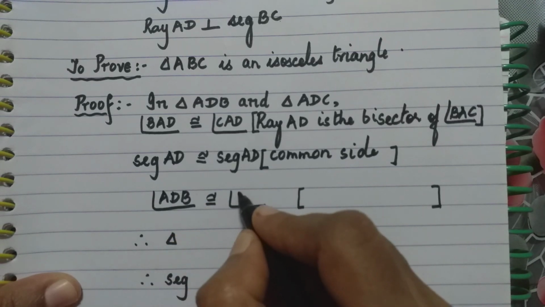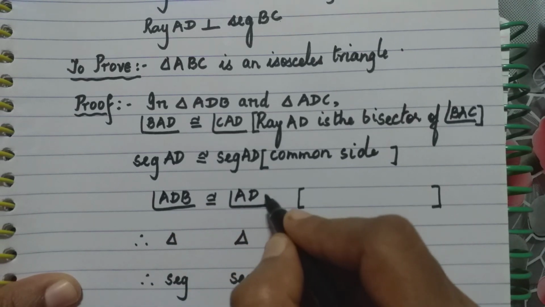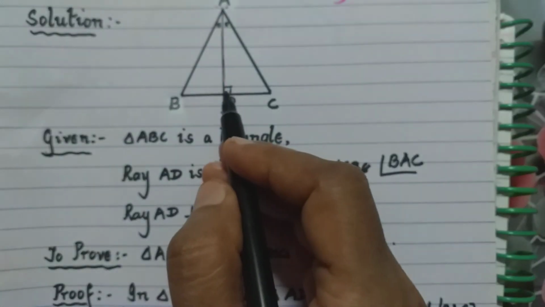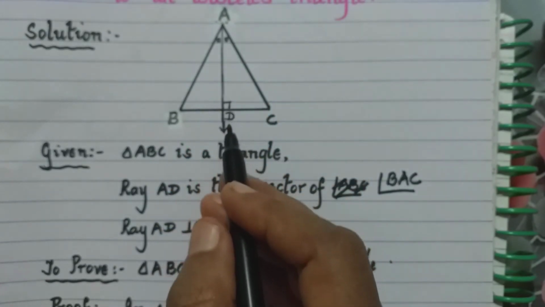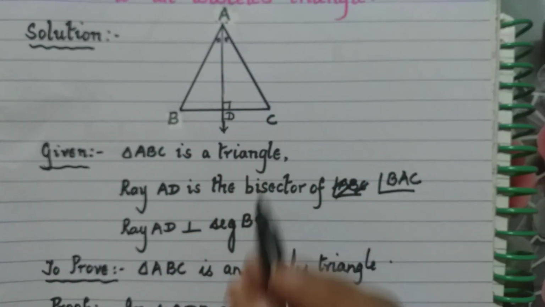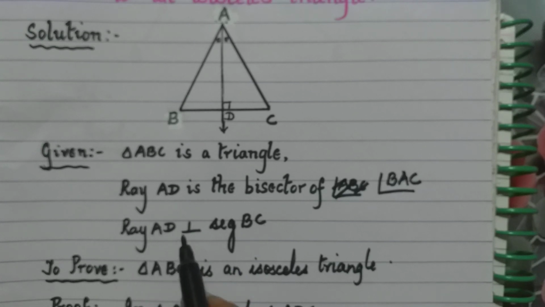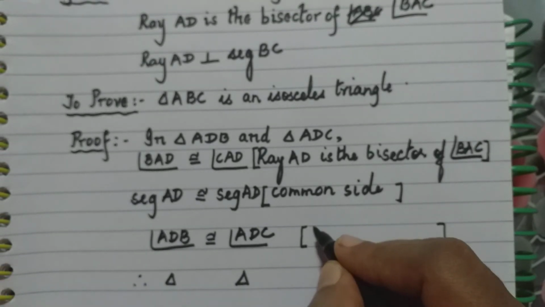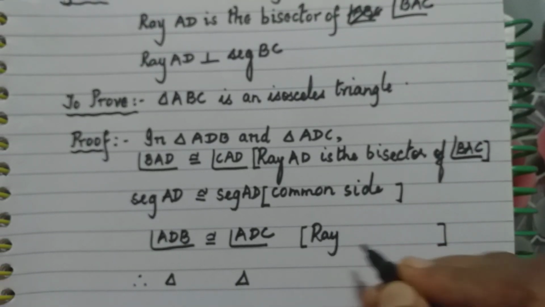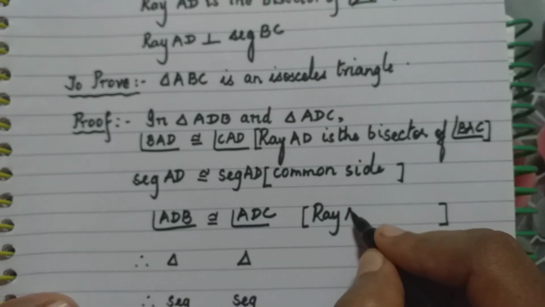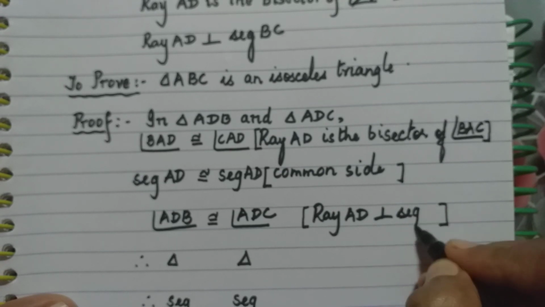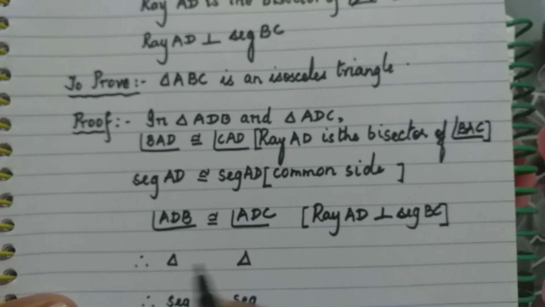What is the reason? That is because ray AD is perpendicular to segment BC.